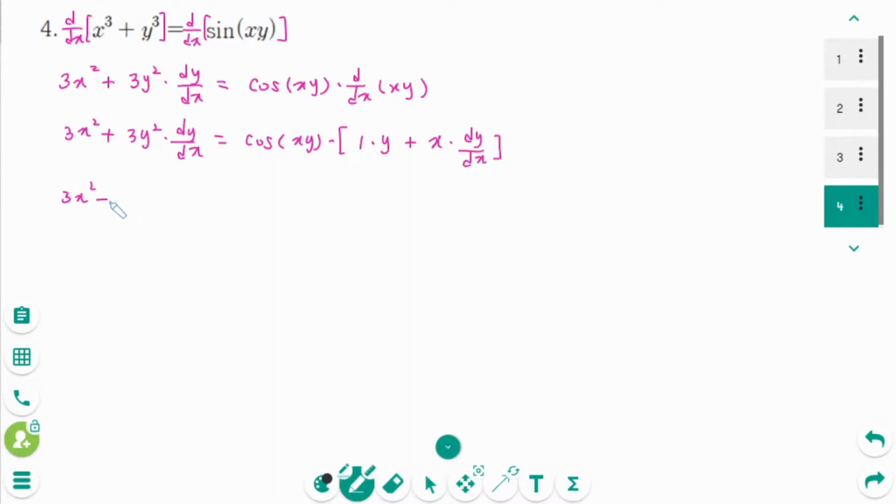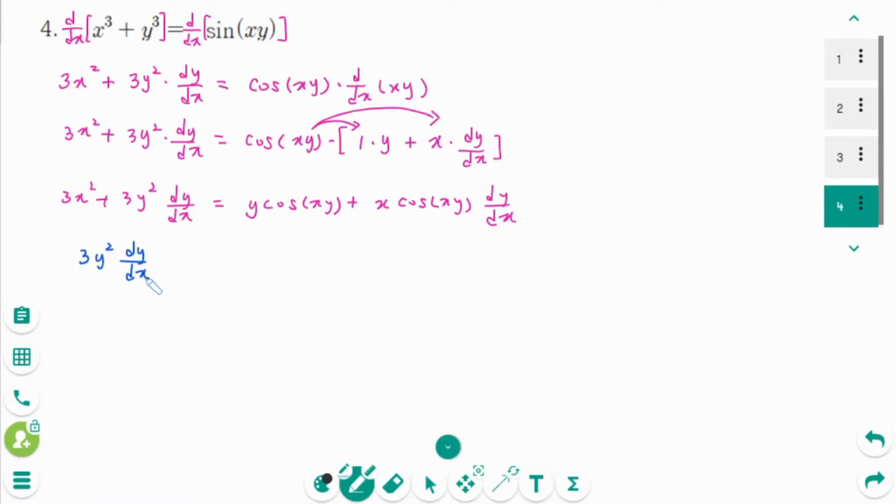Then 3x squared plus 3y squared times dy/dx equals, expanding, y times cosine xy plus the second one, x times cosine xy times dy/dx. 3y squared dy/dx, move this one to the left, minus x cosine xy times dy/dx equals, keep this one, y cosine xy minus 3x squared.